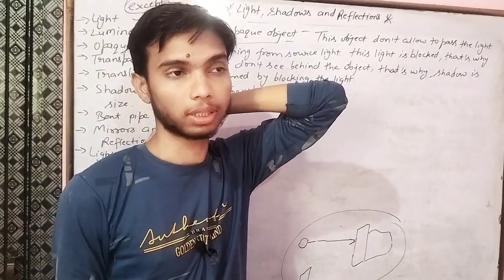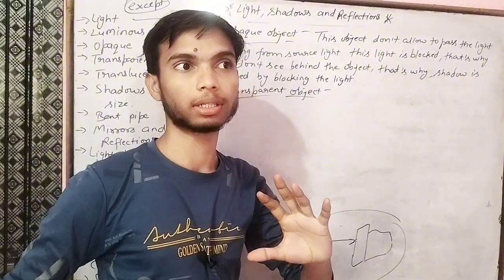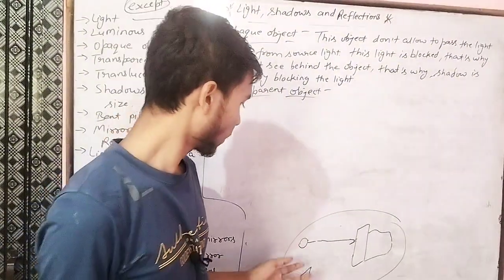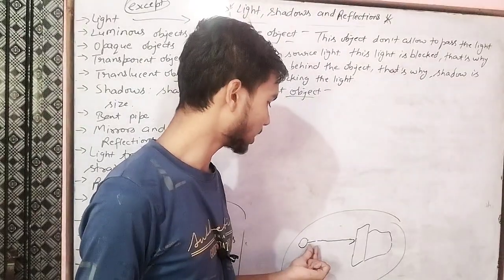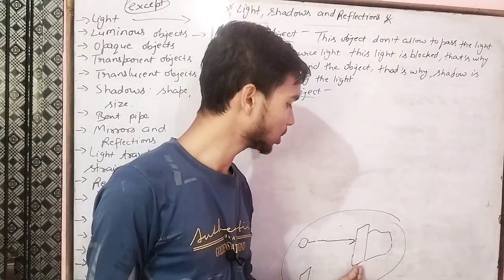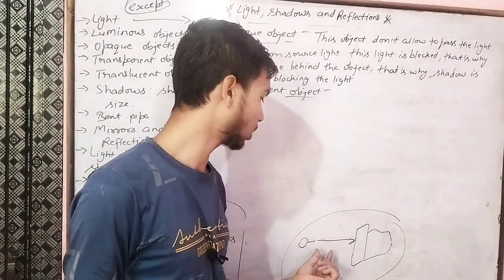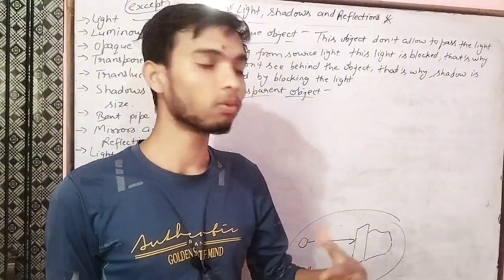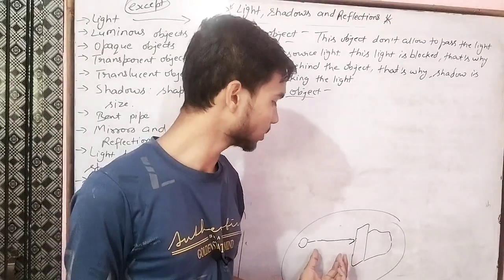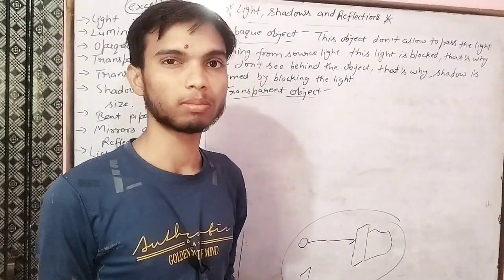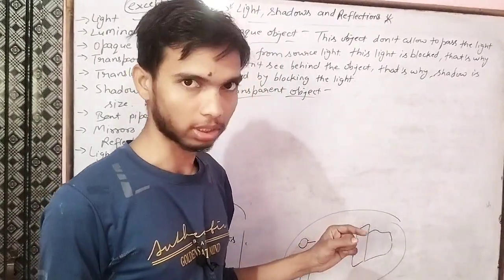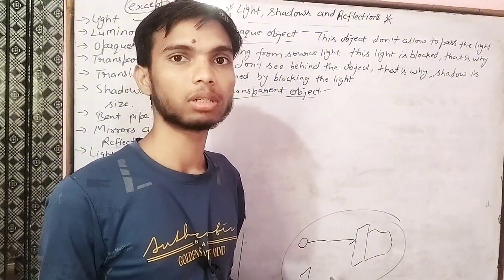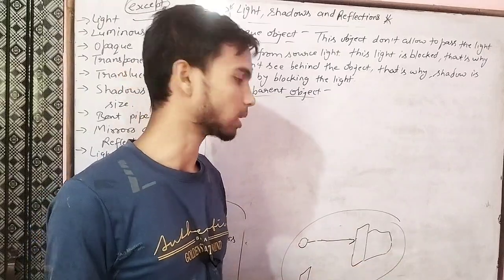Now let's investigate and understand a transparent object. This is a source light. Light is falling on this object, and now this object is allowing this light to pass. So here light is not being blocked by this object.